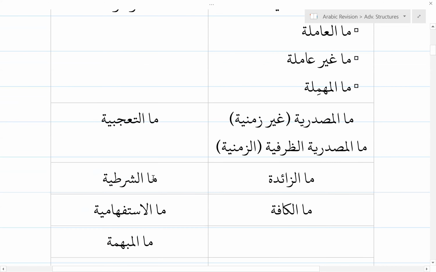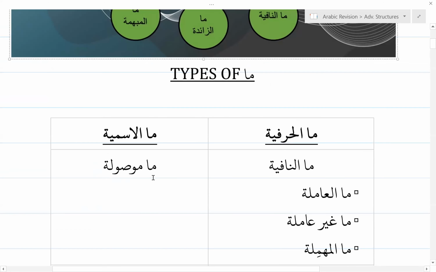So those are the kinds of ma al-ismiyya. Then you come to ma al-harfiyya. You have 4 kinds. We have ma al-nafiyya, and I know we looked at it way back. We discussed it when we were negating jumla ismiyya and jumla fi'aliyya. We said ma negates both jumla fi'aliyya and jumla ismiyya, but we didn't go into details of that. So there are actually 3 kinds of ma al-nafiyya. So there's ma al-amila, ma ghayr amila, and ma al-muhmila.